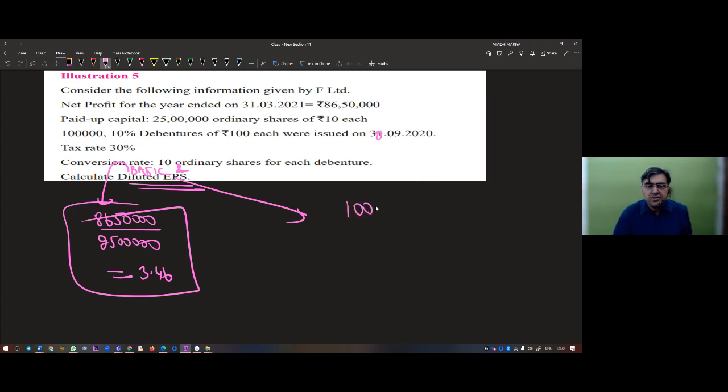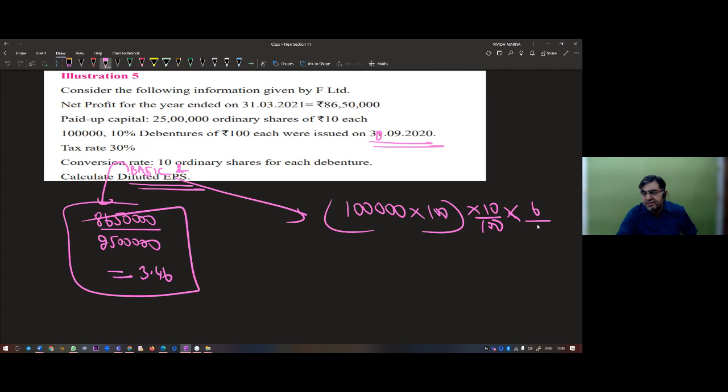The debentures are 1 lakh of 100 each at 10%, issued in the middle of the year, so 6 months of interest.